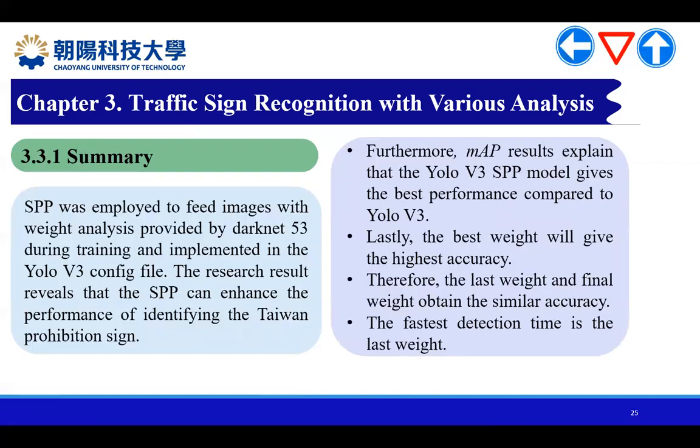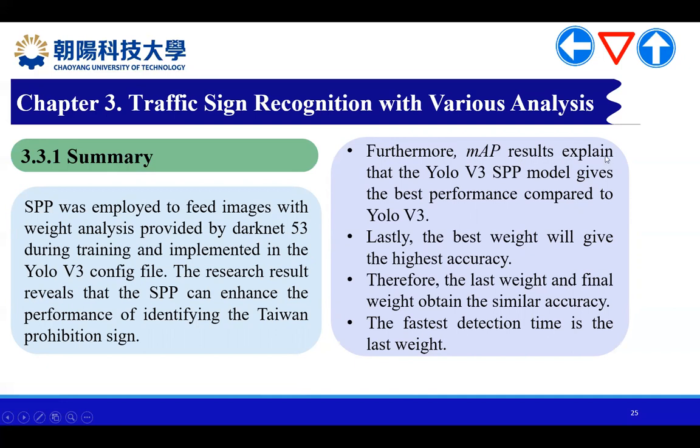After doing the experiment, we can summarize that SPP was employed to fit the image with the weight analysis provided by Darknet 53 during training and implemented in the YOLO V3 config file. The result reveals that SPP can enhance the performance of identifying Taiwan prohibitory signs.